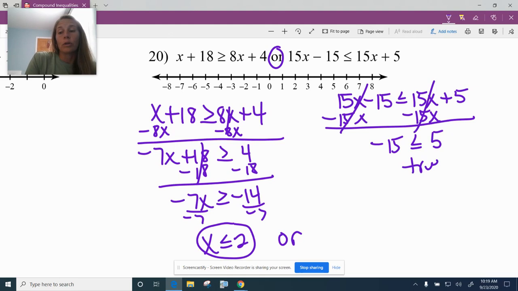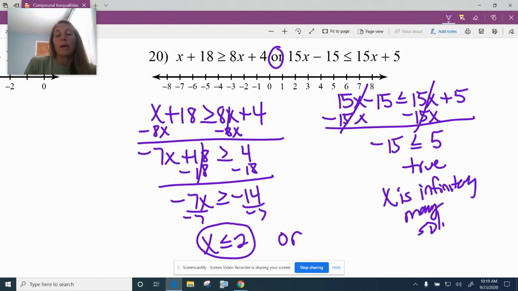Now that is true, so that means that x can be infinitely many solutions. Now, it doesn't really matter that over here you got x is less than or equal to 2, because on this side it said x is equal to infinitely many solutions. So that means you can have any number be a solution.